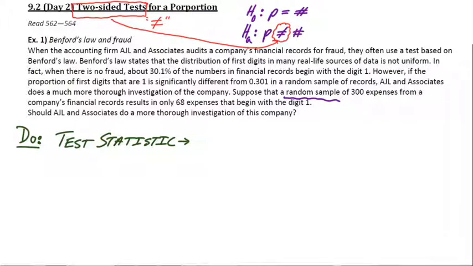So the test statistic, it's a z-score. We're going to take our sample data, p-hat, and we're going to see how far it is from the null parameter, so p naught. How far is our sample data from basically that 0.301 number? And then the standard error uses p naught in this case. Just off to the side here, what was p hat?